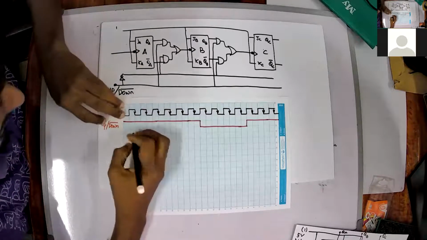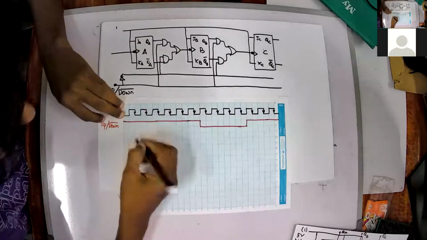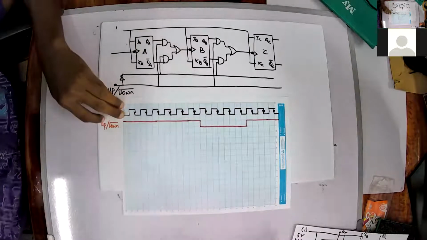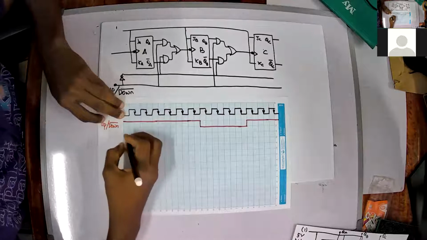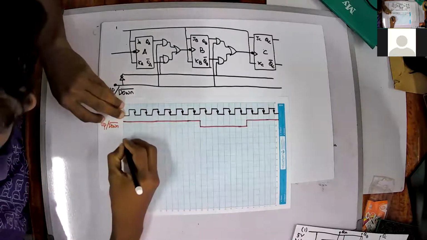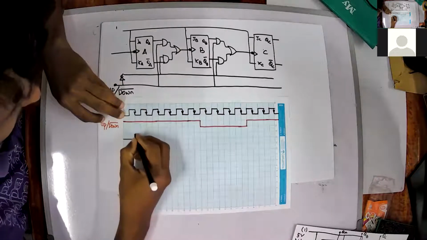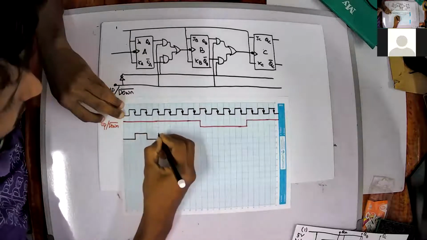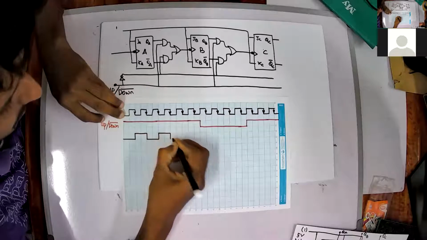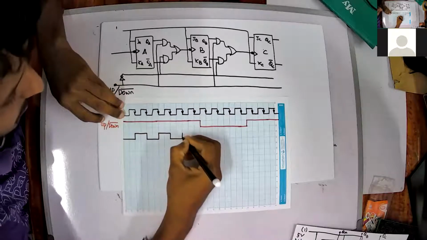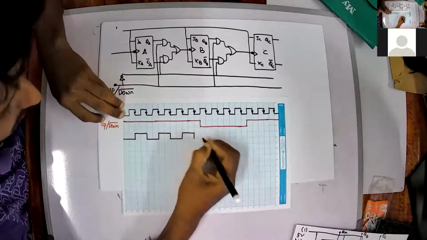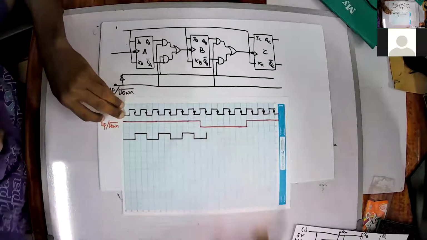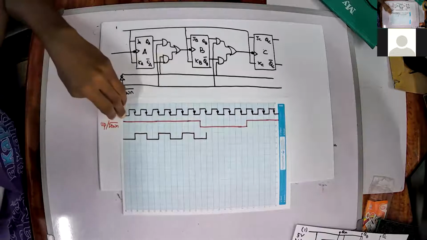So simply, I can draw one line down, so it will be 0, and then whenever it is occurring, it goes high. This keeps on continuing.